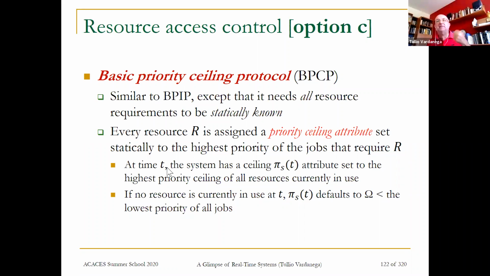The system has an attribute called system ceiling. And the system ceiling monitors what is the highest priority ceiling of the resources currently used. So initially, there is no use, therefore it has a bottom value. And then the first resource is being used, and we ask, what's the priority ceiling of this resource which is currently in use? Well, it's this ceiling.